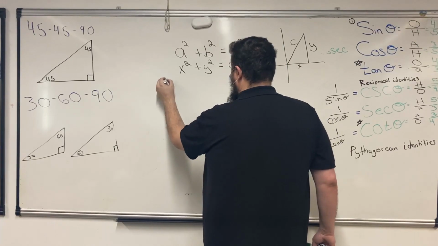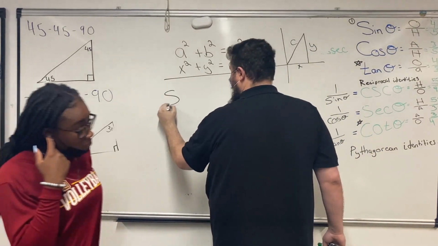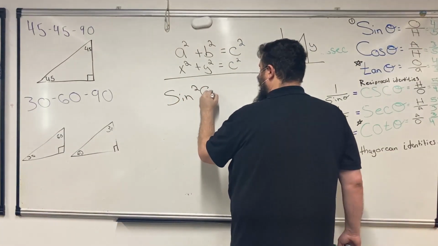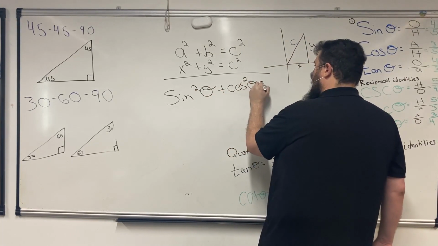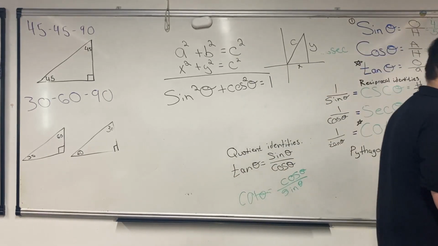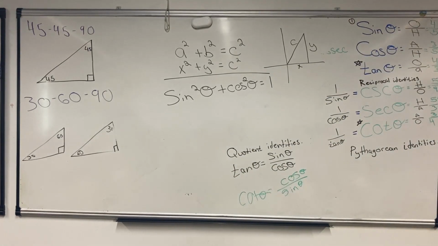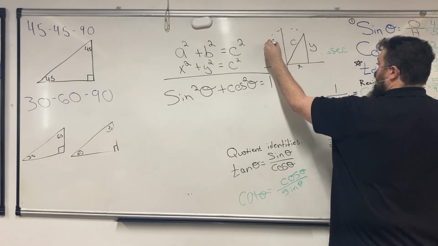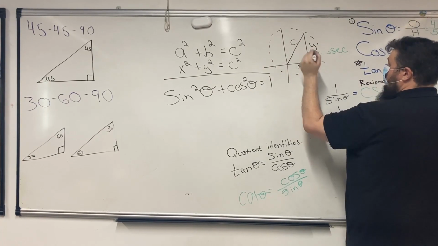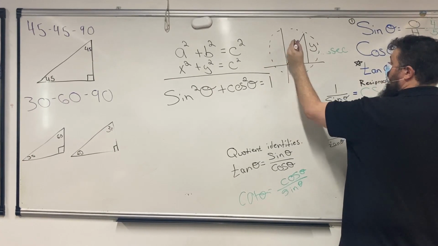the Pythagorean identity, separate from this and by definition, is this. Now, it's equal to 1 because we're on the unit circle and our radius is 1. And again, if I drew a circle around this, this could just be my radius of the circle, right?